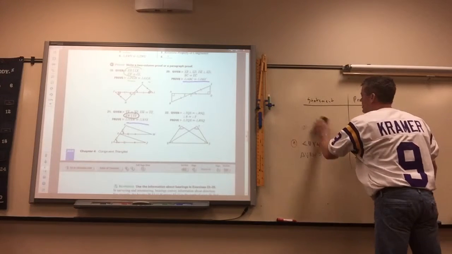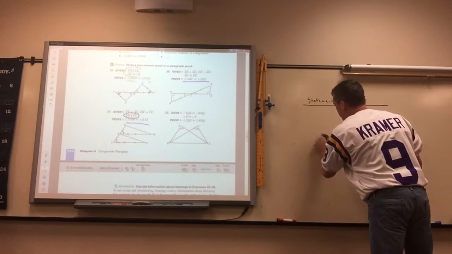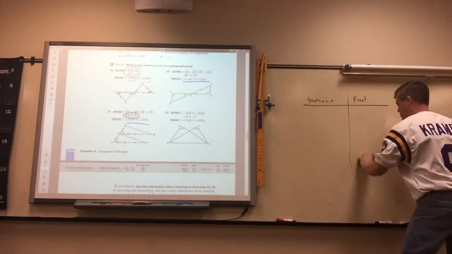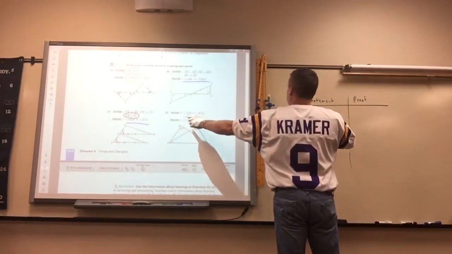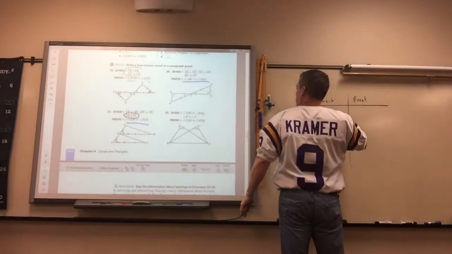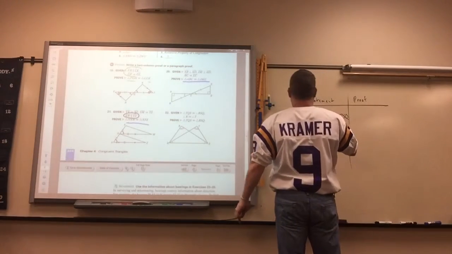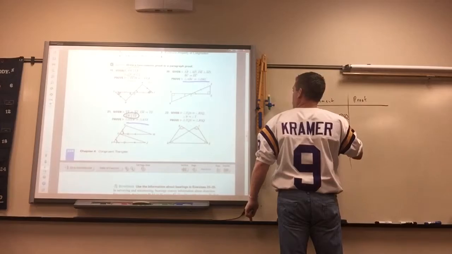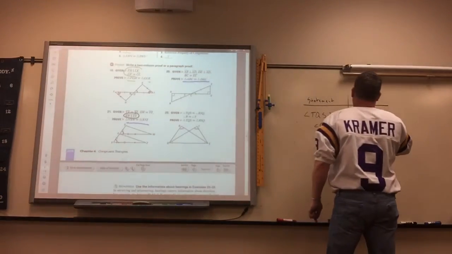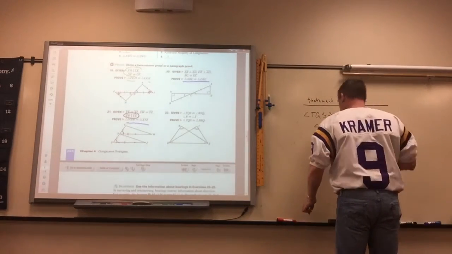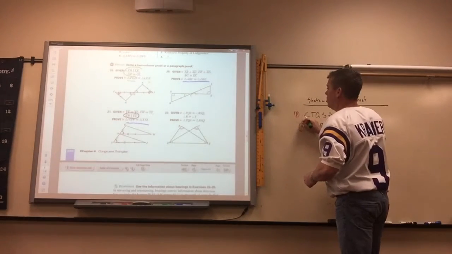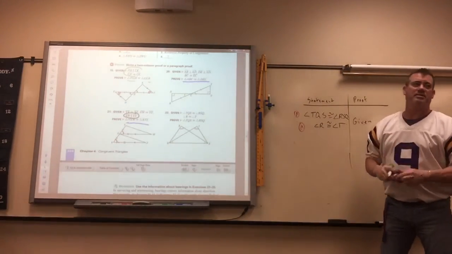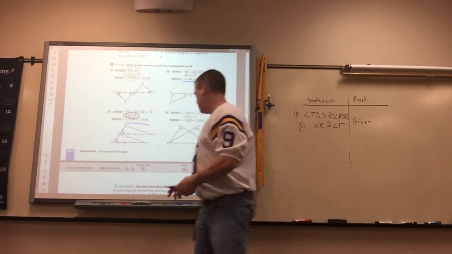And then the last one, it's kind of confusing the way they got them overlapping each other. So they give us two angles. So we know an angle, we know another angle. It's maybe a little hard to see on this one.